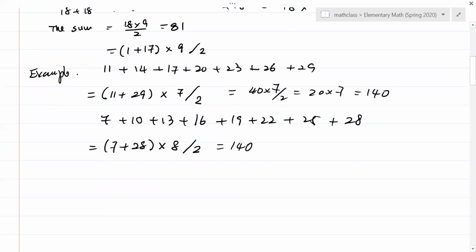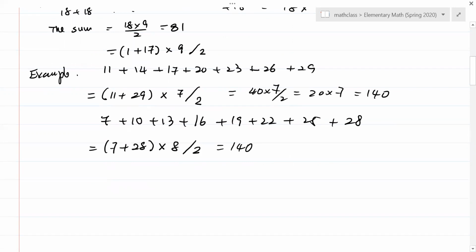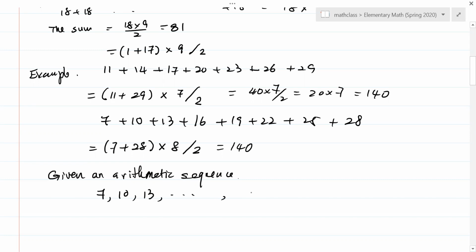Now, I think the most difficult part is to count how many terms there are. Okay, so given an arithmetic sequence, the sequence begins with a 7, right, and then 10 and 13, but I know the last term is going to be 154.